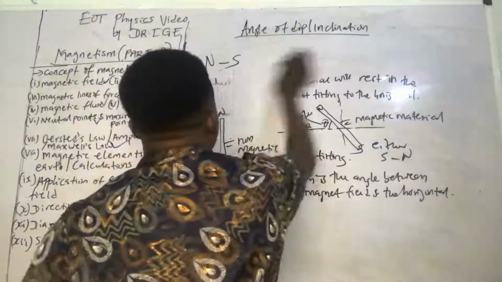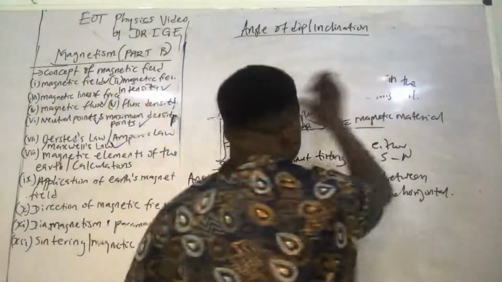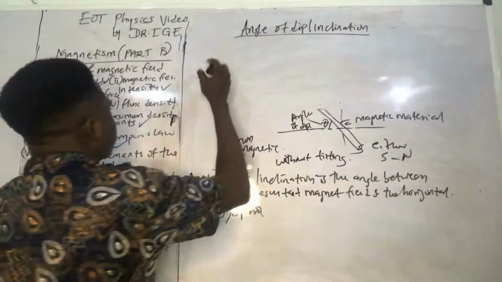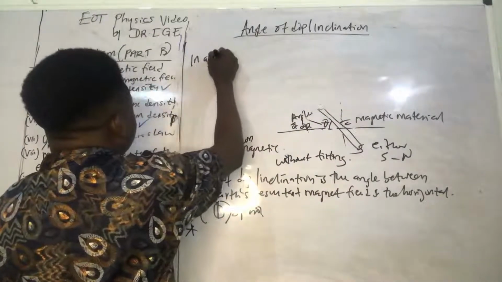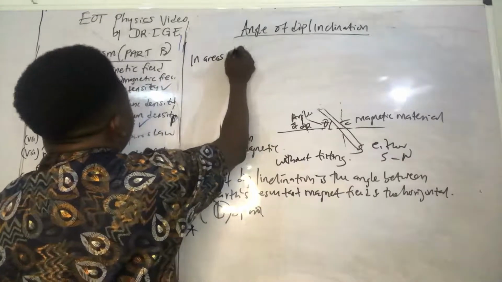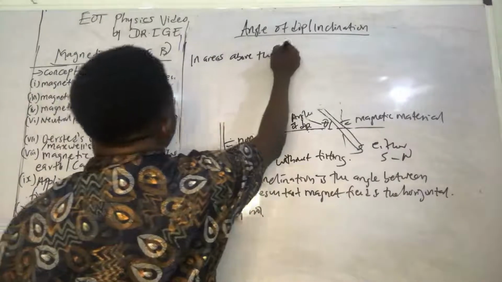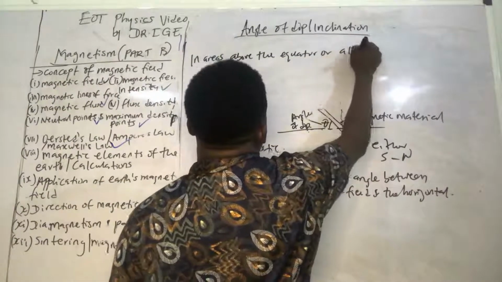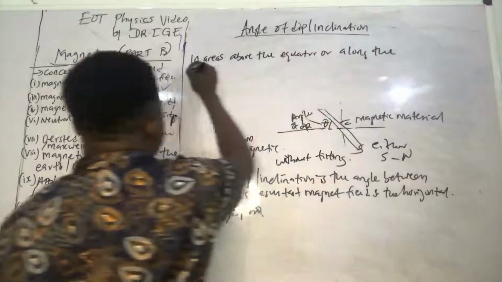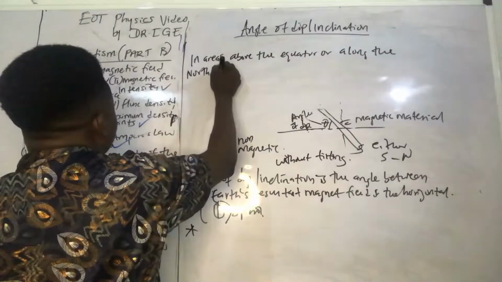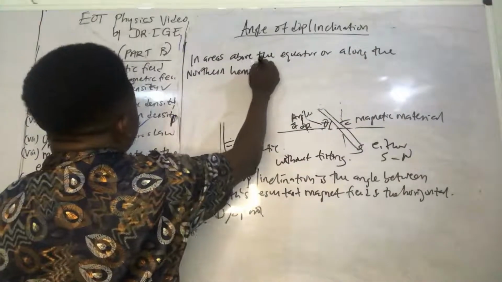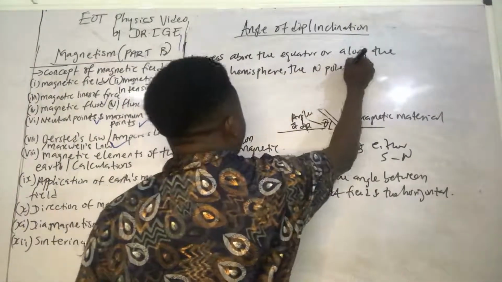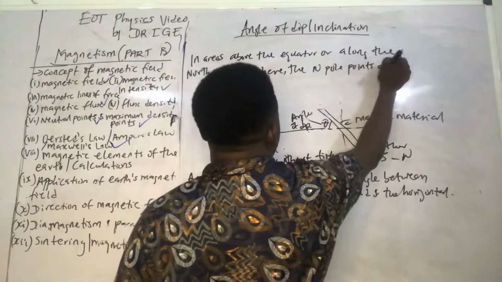And let me tell you how there's a variation there, or rather a difference there. So please take note that in areas above the equator, or along the northern hemisphere, the north pole points downwards.